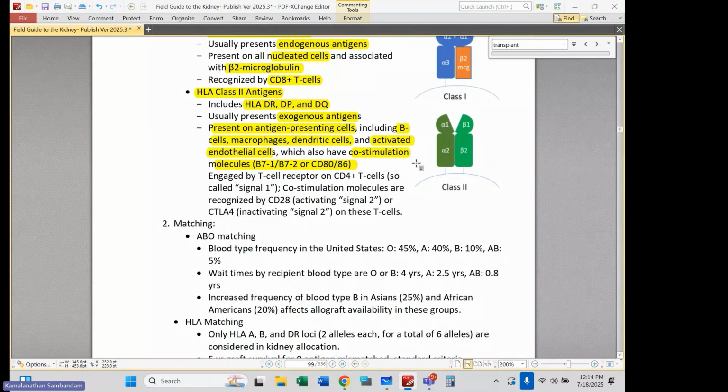Now, these class 2 molecules, which have a protein bound to them, are engaged by the T cell receptor, okay, the CD8 positive T cell. The T cell receptor, you might remember from, again, basic immunology for medical school, would bind this HLA molecule and this protein that's bound in the binding cleft.